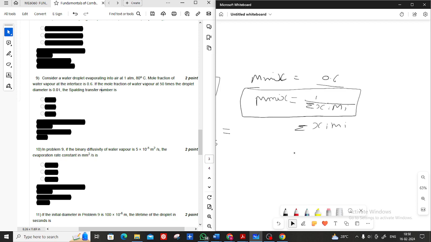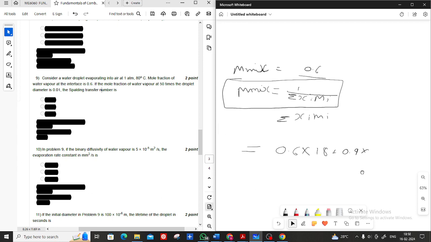Molecular weight of mixture, I'll get 16.72. Sir, you are getting 16.72. See how you are getting it. They have given 0.6 as the mole fraction of water vapor at the interface. So 0.6 into 18, the molecular weight of water vapor, plus 0.4 into the molecular weight of air.